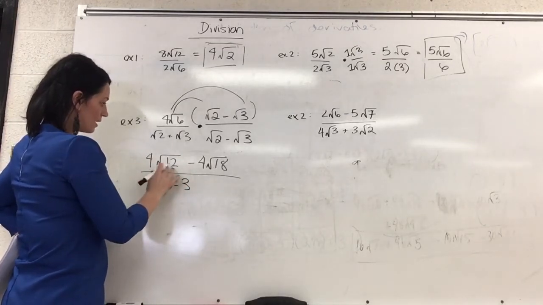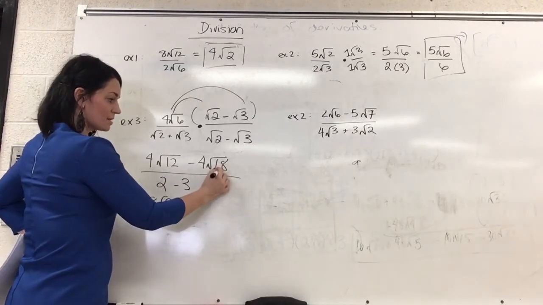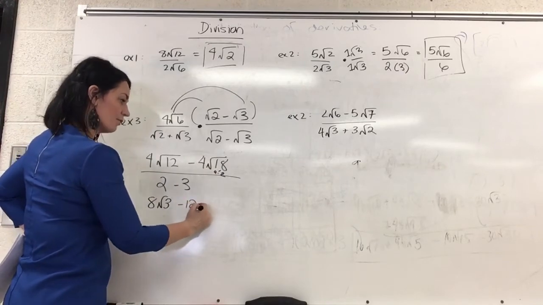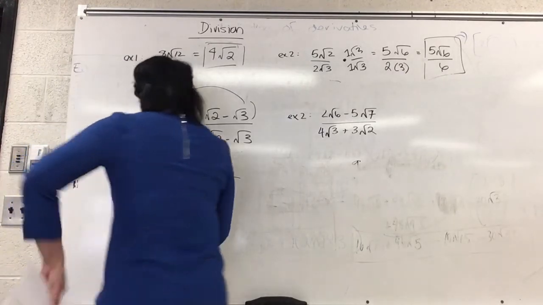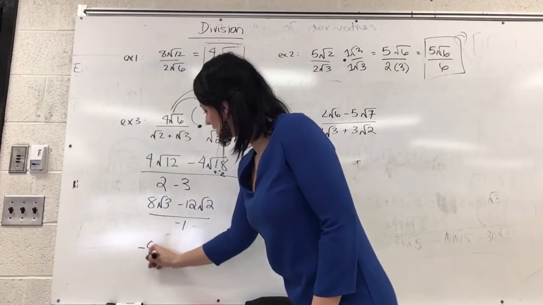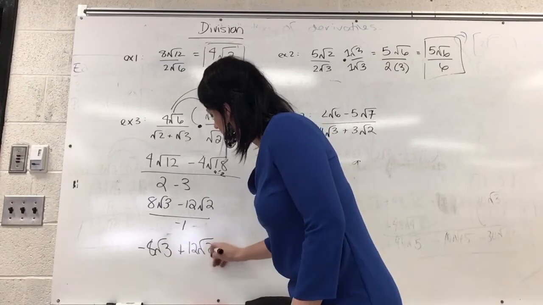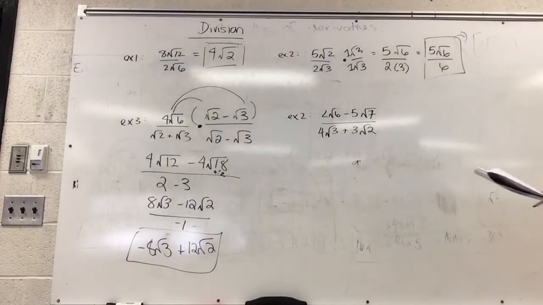So it's going to be 8 root 3. This can be written as 9 times 2. Take the 9 out. It's going to be a 3. So 12 root 2, all over 2 minus 3, which is negative 1. And I could also write this as minus 8 root 3 plus 12 root 2. So there you go.